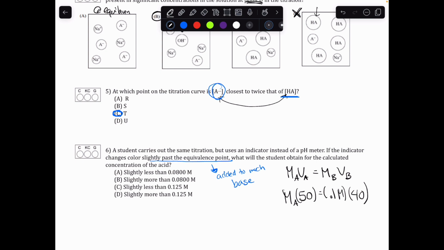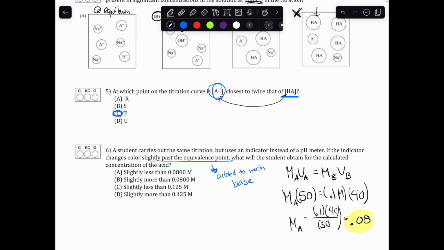Okay, so if I rearrange that and solve for M of A, we'd have 0.1 times 40 over 50 to get it by itself, and when you plug that in, that equals 0.08. This is what the molarity is if you didn't make a mistake.